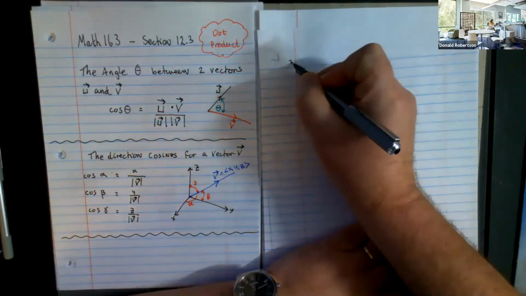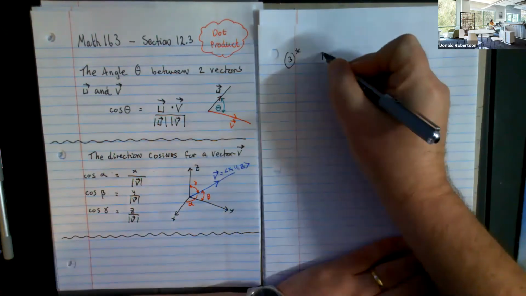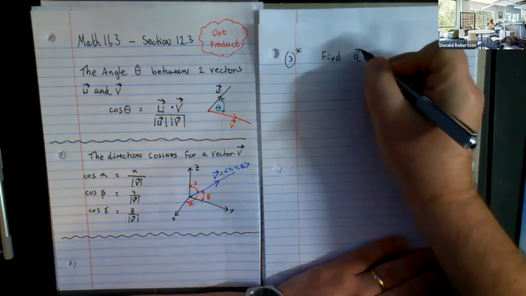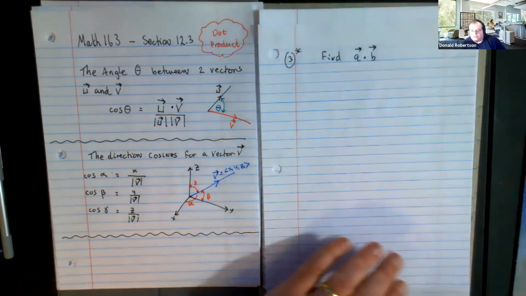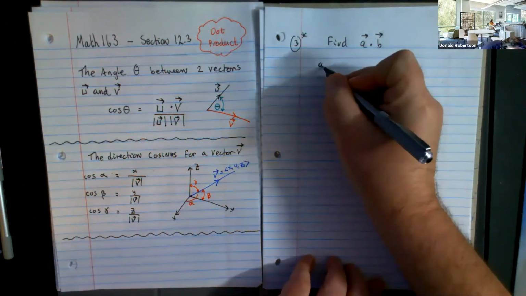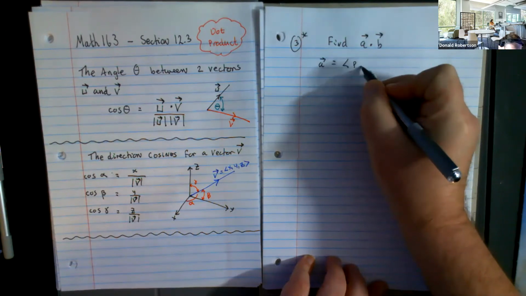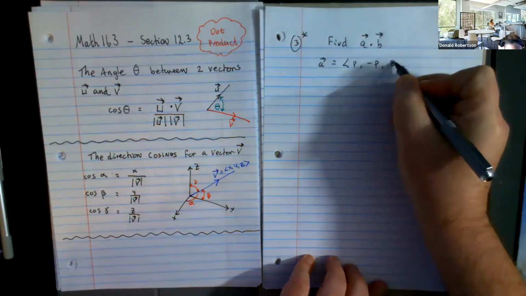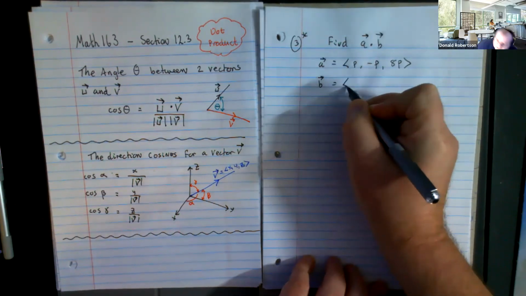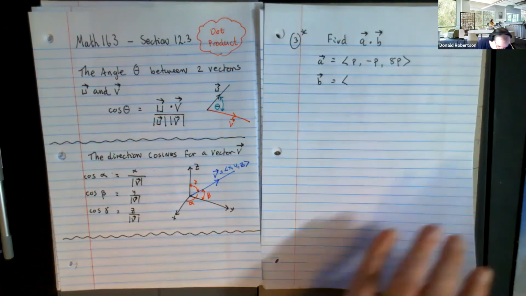There's a question 3. And it's not even asking you to find the angle between two vectors A and B, just to find out what their dot product is. And A is P, negative P, and 8P. And vector B, yesterday I did do it. Okay, then I don't need to do that again.